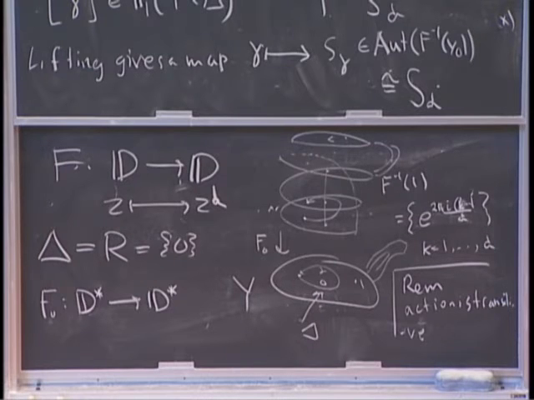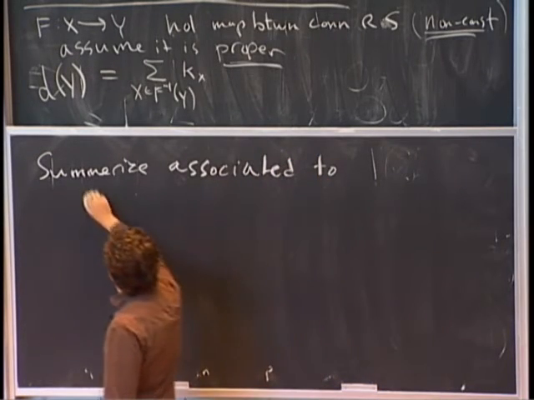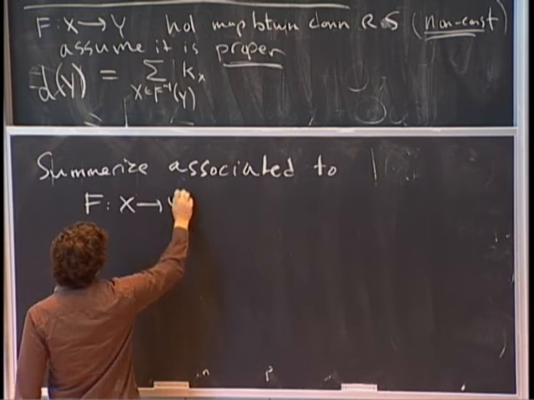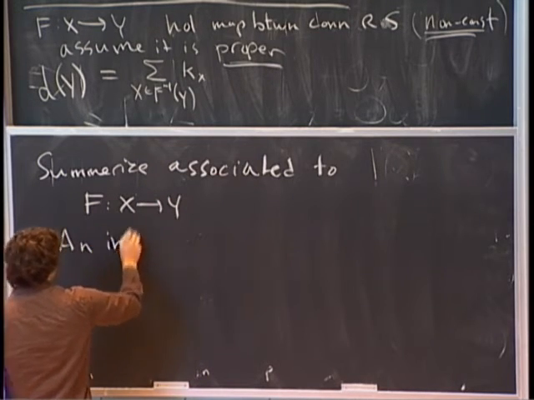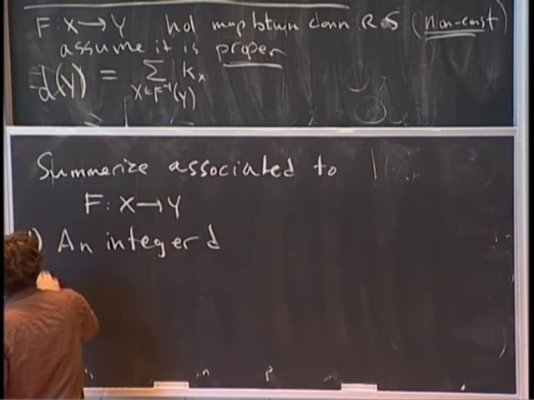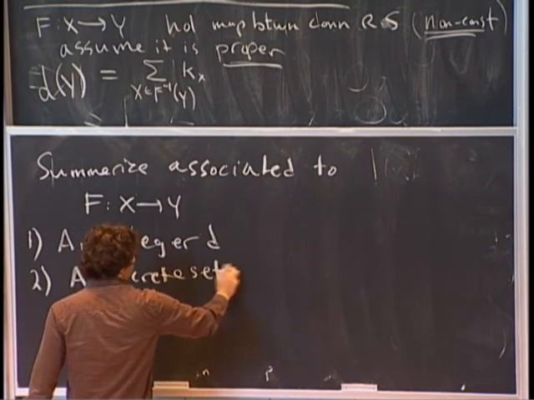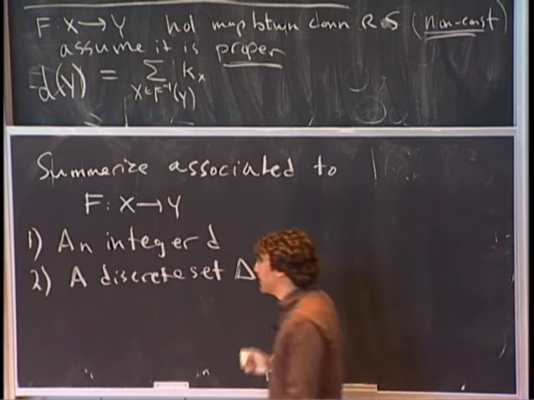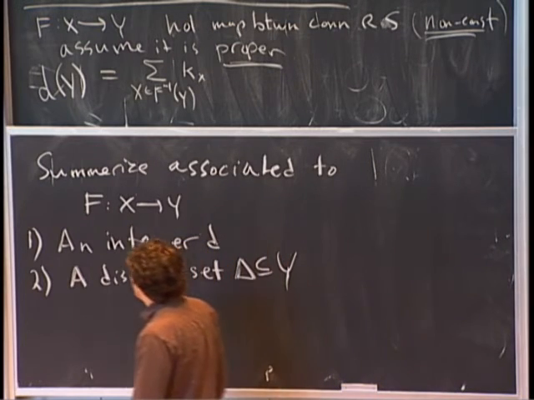Okay, so to summarize, associated to this function f, we get one, an integer, which is the degree D. Two, a discrete set delta inside of Y, which is the image of the branch points.